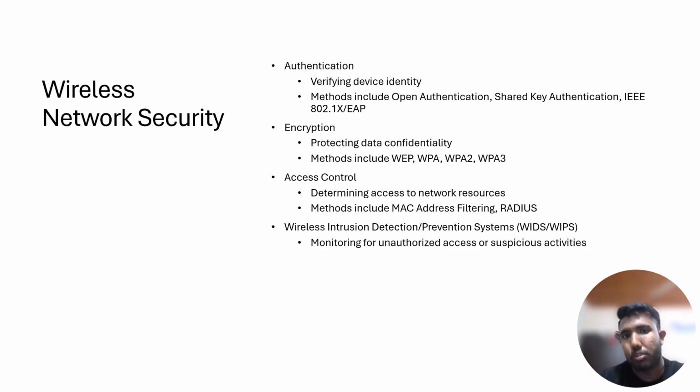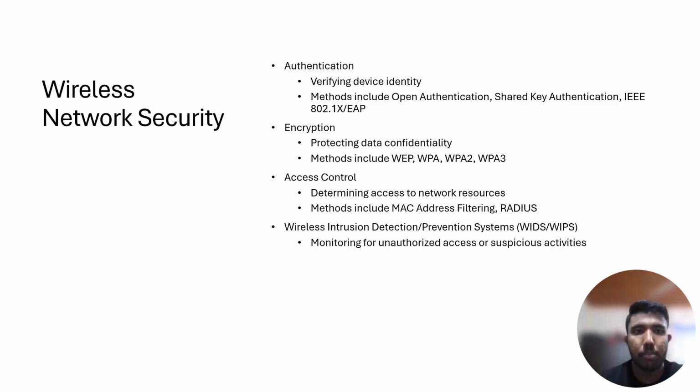Open authentication performs no actual verification and it's inherently insecure. Shared key authentication uses pre-shared keys, but it is vulnerable to eavesdropping. IEEE 802.1x/EAP frameworks provide robust enterprise authentication, supporting methods like digital certificates, token cards, and secure password protocols.